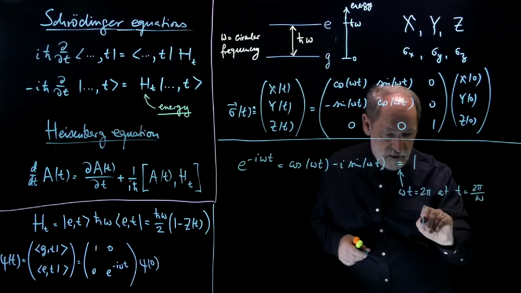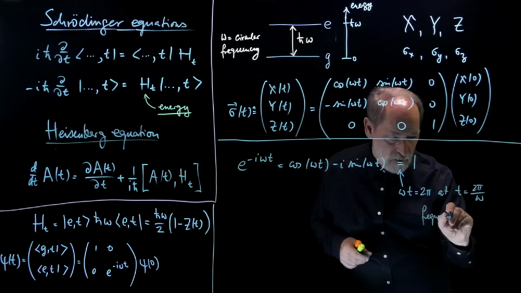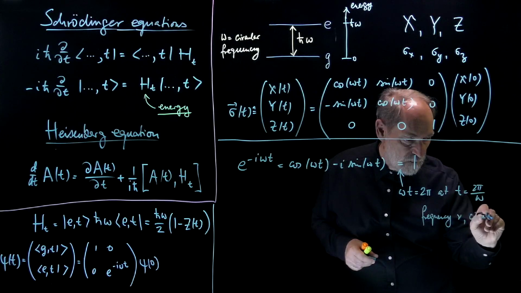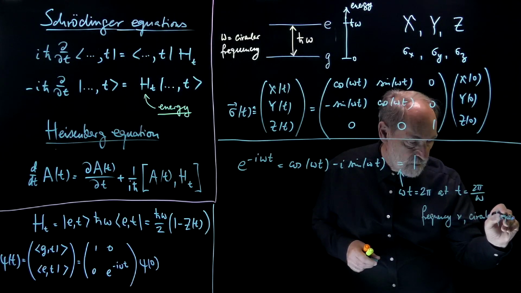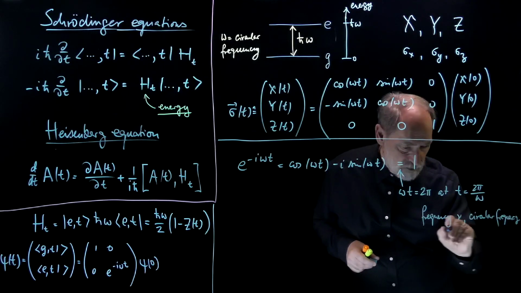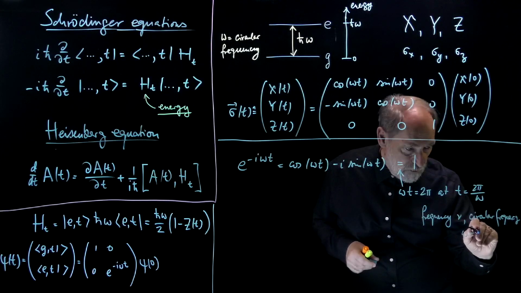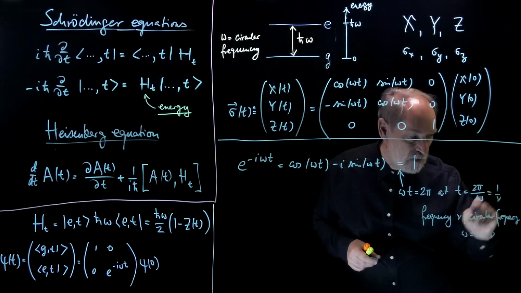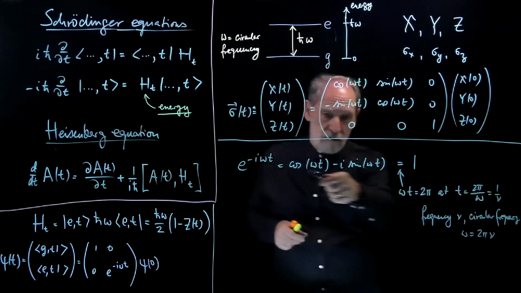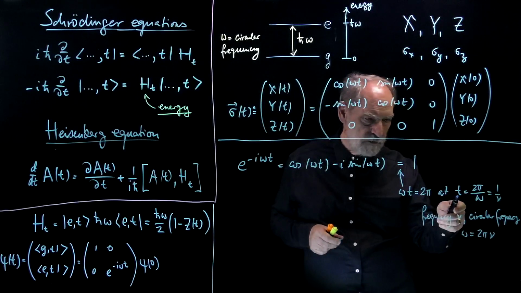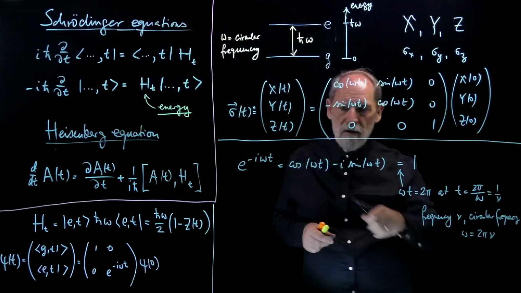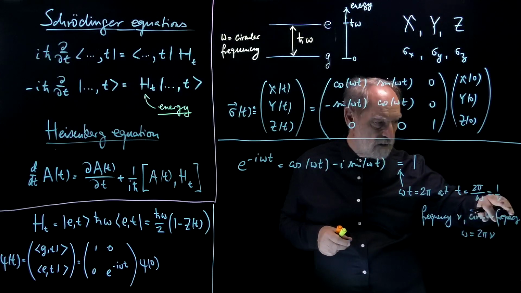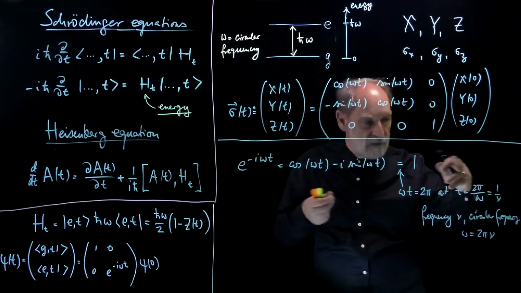If you have a frequency nu, then you have a circular frequency of omega equals 2 pi nu, and so this is then 1 over nu, and so the period of this oscillation that we see here, cosine and sine being the basic oscillatory functions, is just given by 1 divided by the frequency, as it should be.